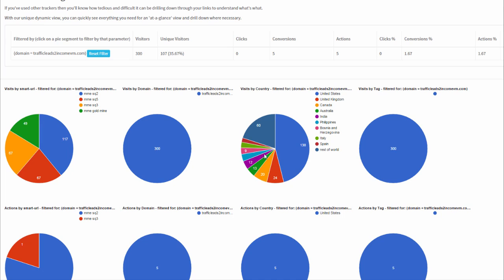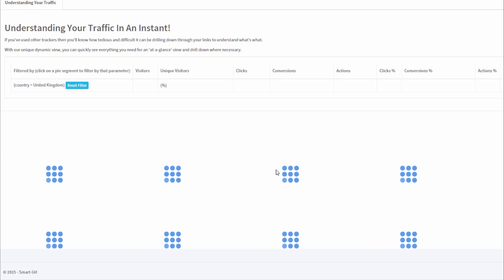And we can do the same for things like countries. So if we were interested, we could say, okay, let's look at the United Kingdom, and now we can understand how our traffic behaves from the United Kingdom.